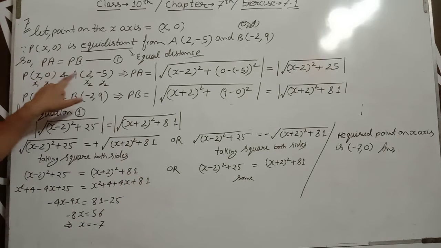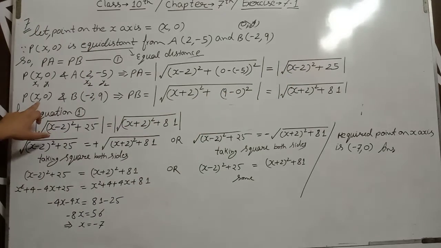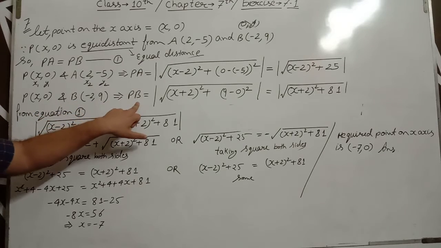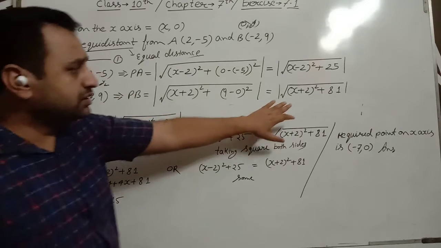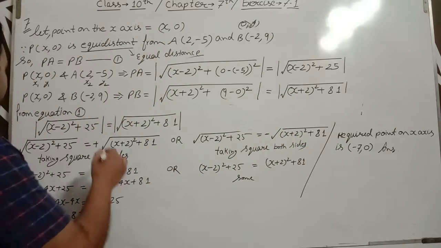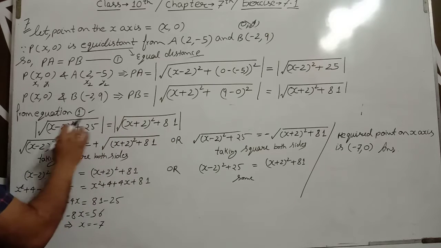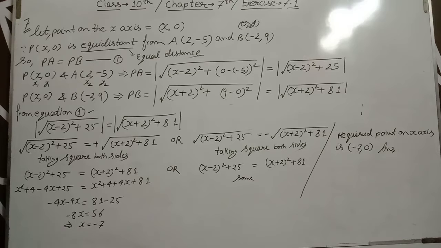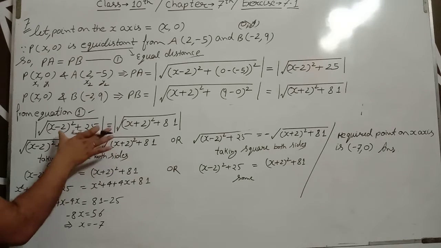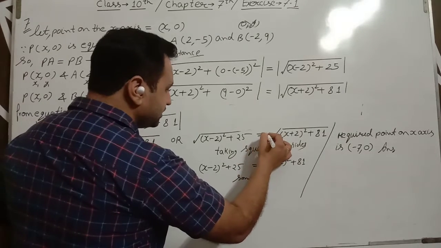So we write x minus 2 whole square plus 0 minus 5 whole square in modulus. Similarly, we find the distance between P and B. From equation number 1, PA is equal to PB. When we remove the sign of modulus, we convert the equation into two parts. In the first part, RHS is positive and in the second part, RHS is negative.